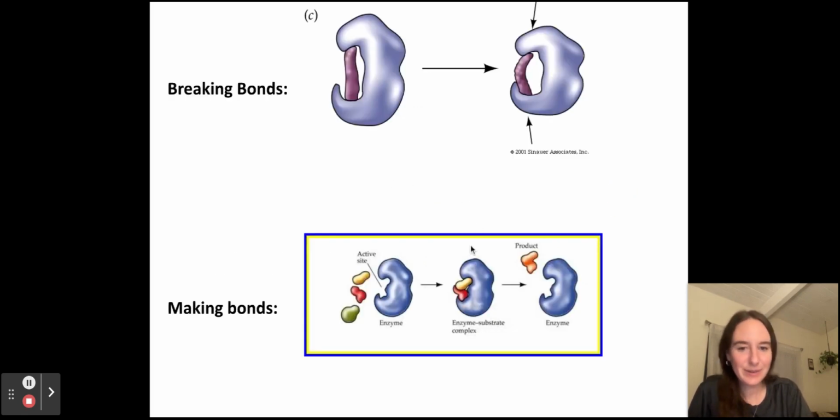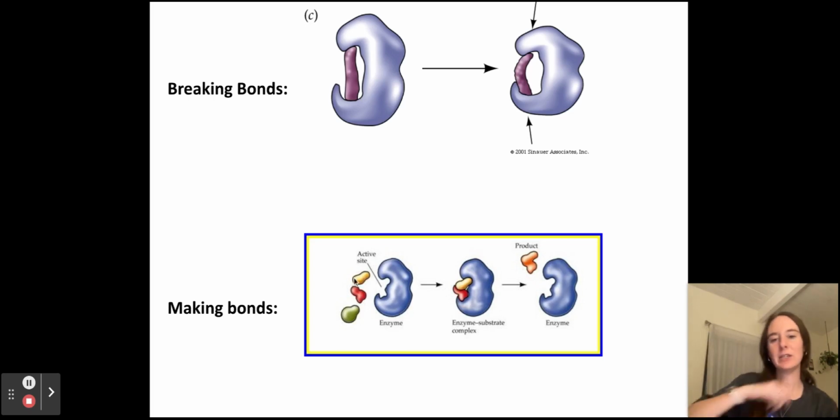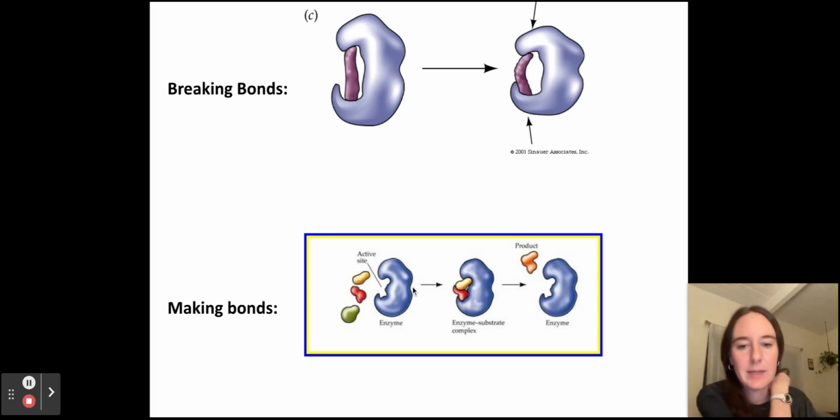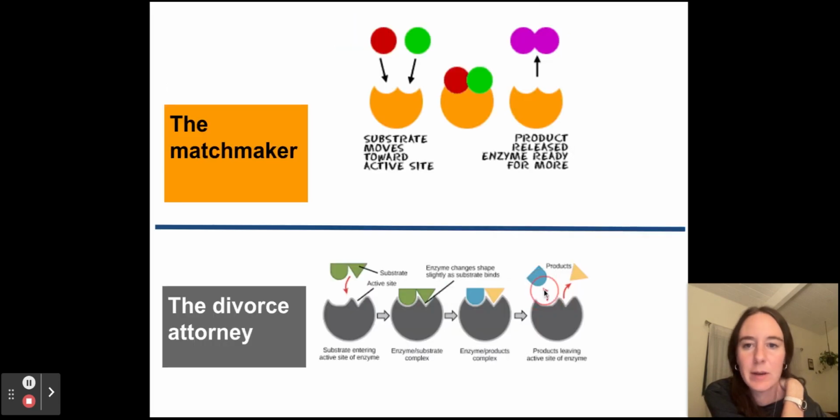So, two ways that enzymes can work, two ways that catalysts can work. They can either take the substrate, and as the enzyme squeezes, conformation change means the enzyme literally changed shape. It squeezes around it, it hugs the substrate, and can actually help break those bonds. Or the enzyme can actually help make the bonds. As the substrate binds to the active site, as it squeezes those substrates, it can push them together and form bonds, helping to make a product.